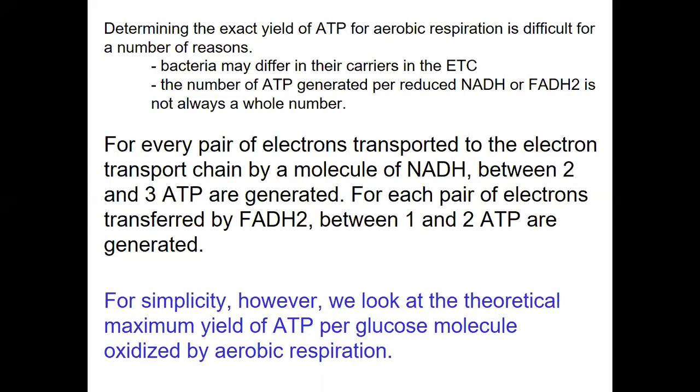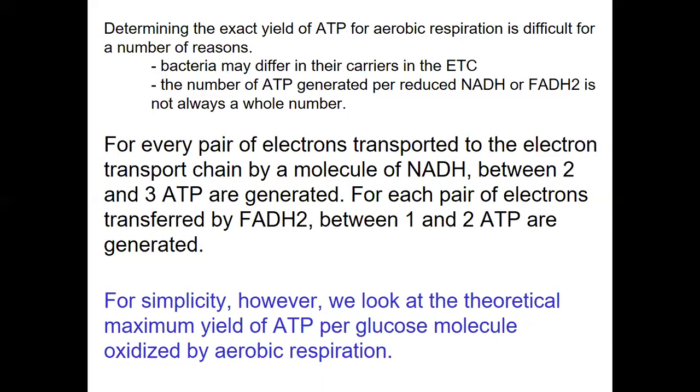For each pair of electrons transferred by FADH2, between 1 and 2 ATPs are generated. For simplicity, however, we look at the theoretical maximum use of ATP per glucose molecule oxidized by oxidative phosphorylation.